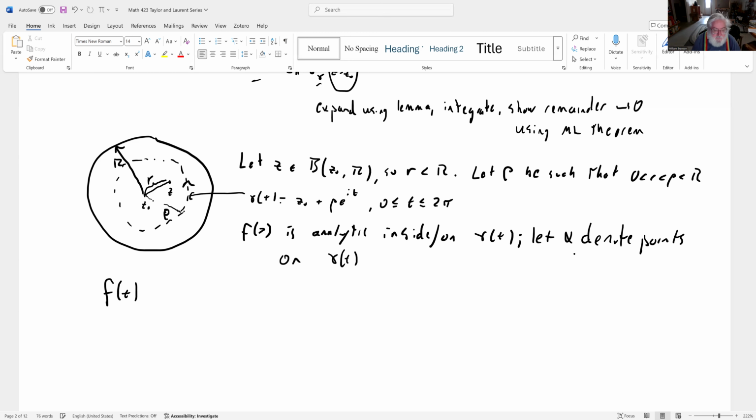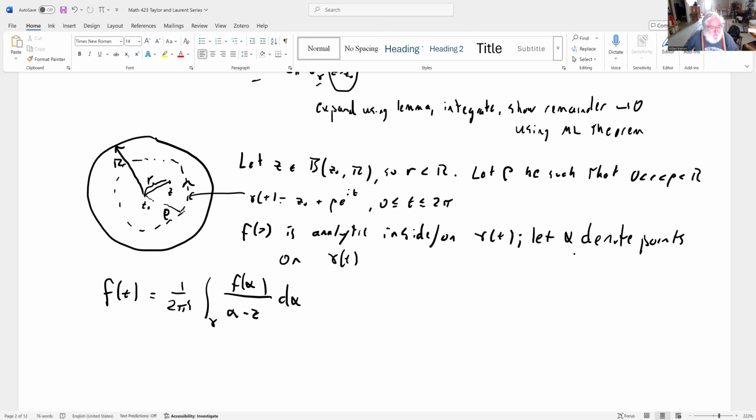And we'll just let alpha be points on that curve. So f of z, using the Cauchy integral formula, is 1 over 2 pi i, integral around gamma, f of alpha over alpha minus z, d alpha. Right? So we're integrating around the curve gamma.